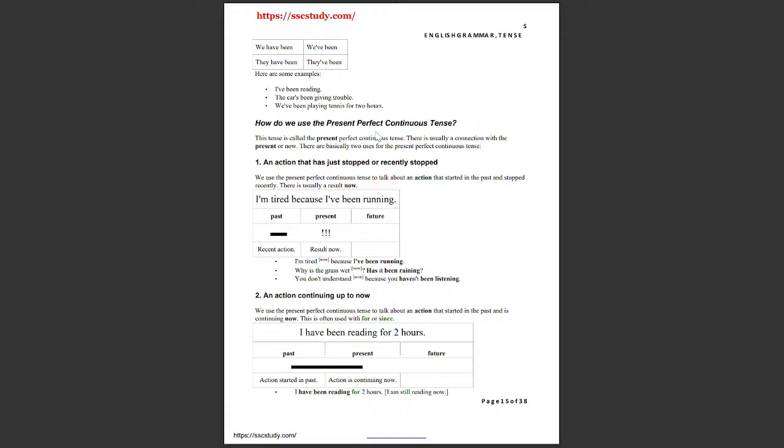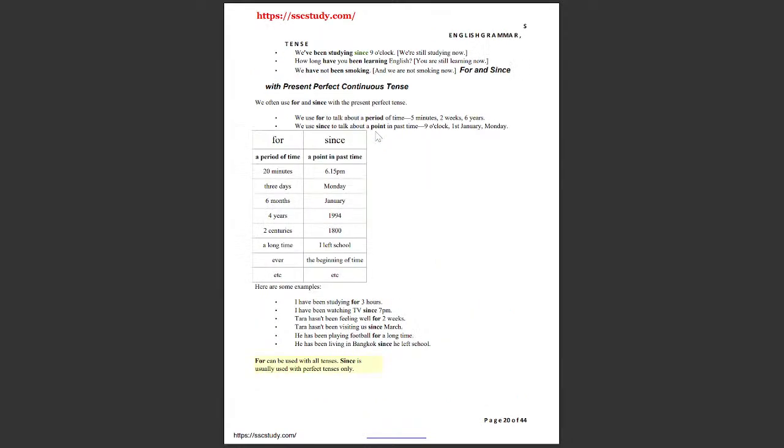We have been studying since 9 o'clock. We are still studying now. How long have you been learning English? You are still learning it now.